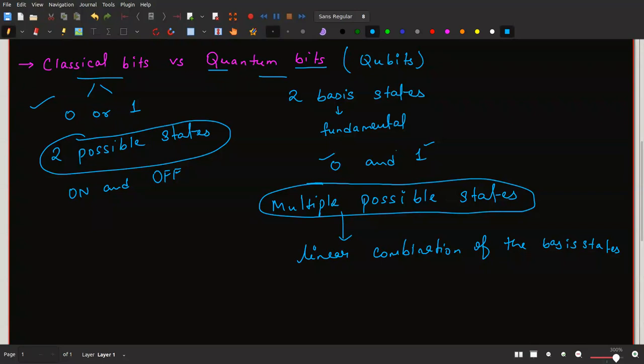About states I will be discussing in the next lecture; there is going to be a completely separate lecture about quantum states. As of now I am just mentioning that these possible states come by linear combination of the basis states. That means we combine 0 and 1 and get more states.